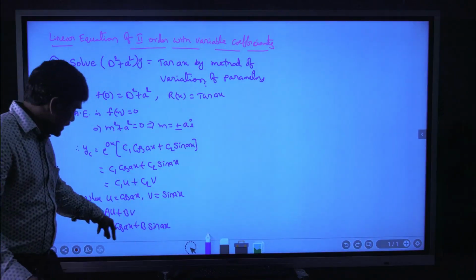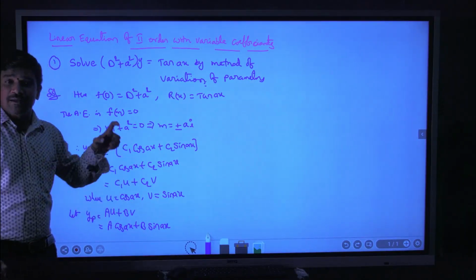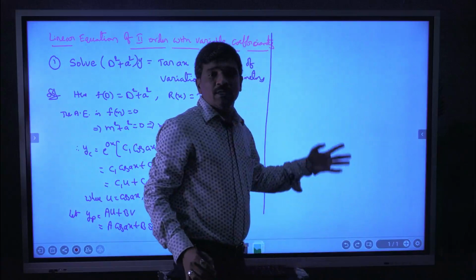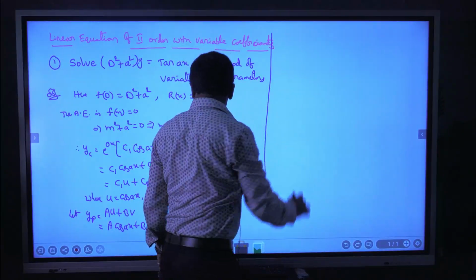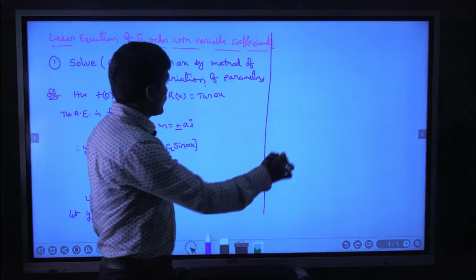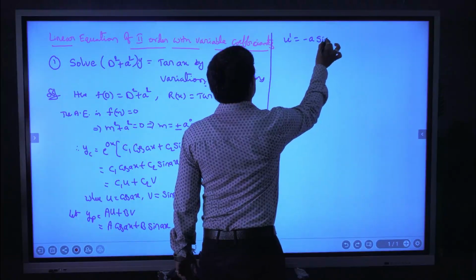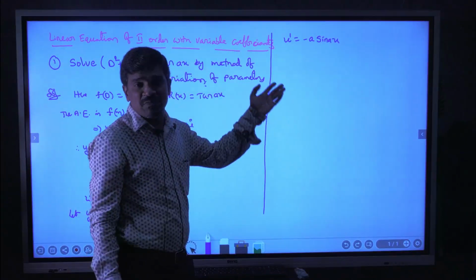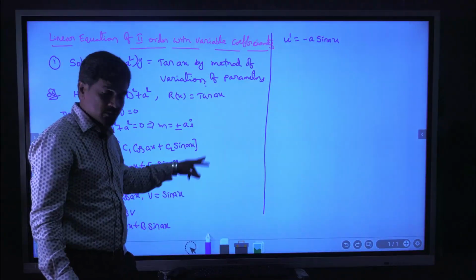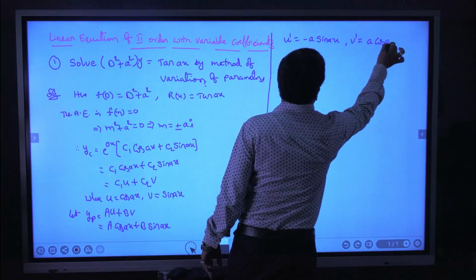Now what is A and what is B? To find A and B, first of all write uv dash minus vu dash. So u is cos ax. What is u dash? Cos ax derivative is minus a sin ax, and v is sin ax, so sin ax derivative, that is v dash, is a cos ax.